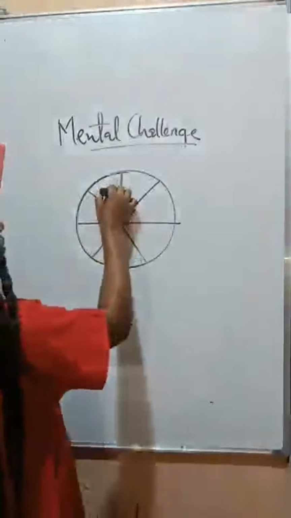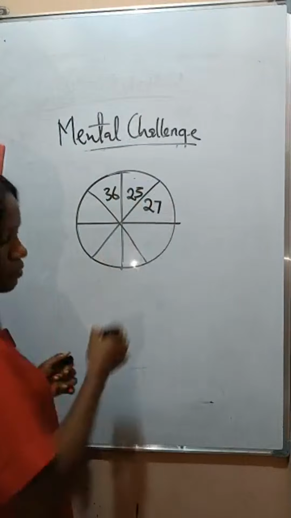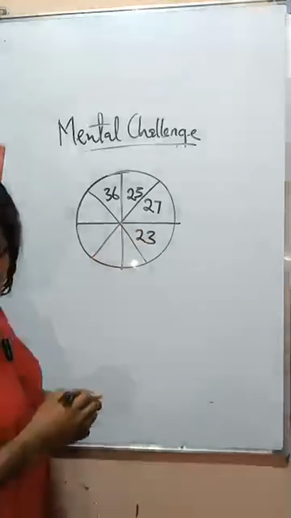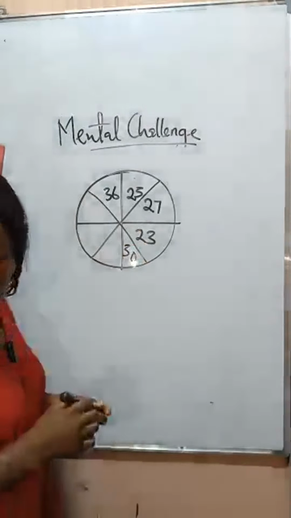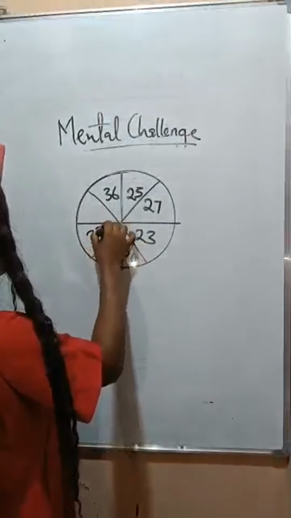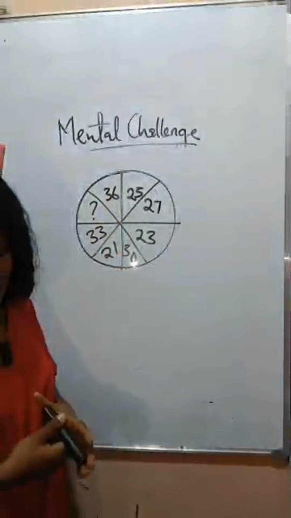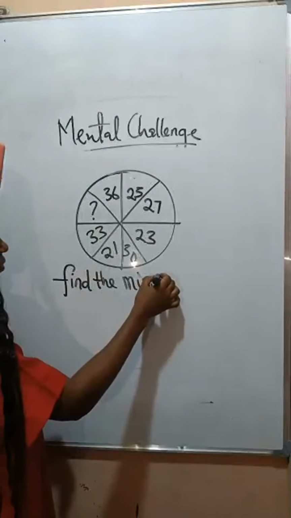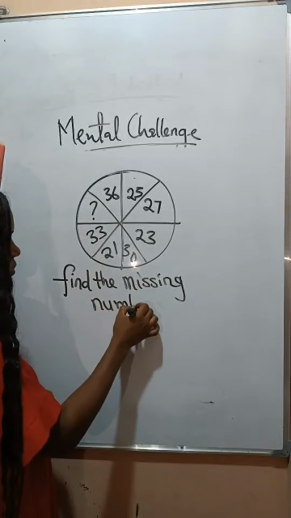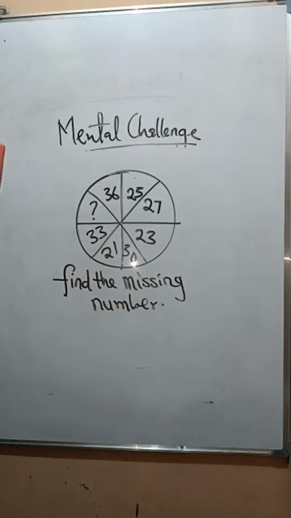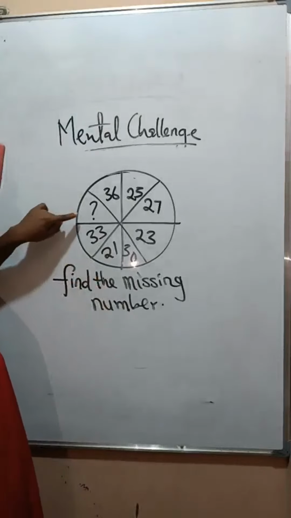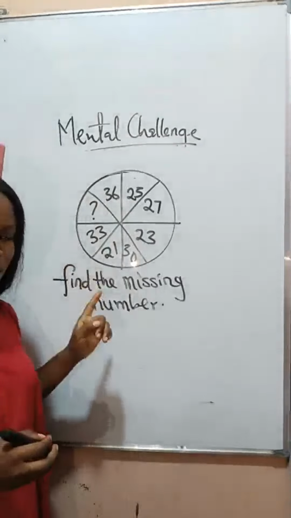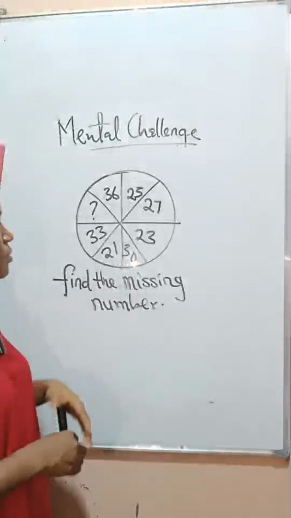You have 36, you have 25, you have 27, you have 23, we have 30, we have 21, we have 33. And this is the question. So we're asked to find the missing number. So the question is saying we should find the missing number in this particular shape or diagram or drawing. Anyone? Okay. Let's find the missing number.